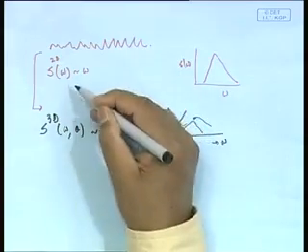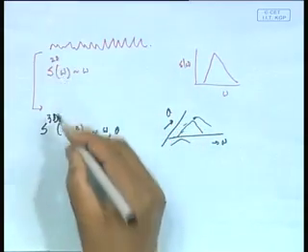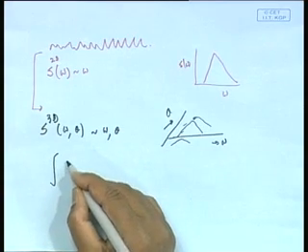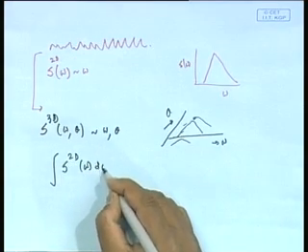So, what is happening? One interesting point is that the energy under this wave is S 2D omega d omega.